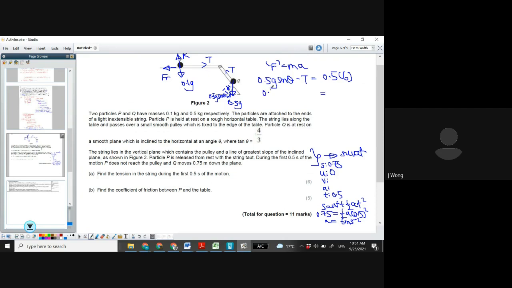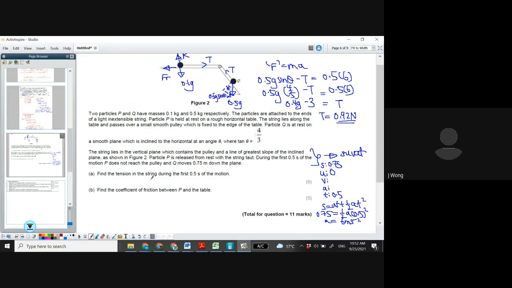So we have 0.5 g times 4 over 5 minus T equals 0.5 times 6. So T will be 0.4 g minus 3 as tension. That will be 0.4 times 9.8 subtract 3, so 0.92 newtons.